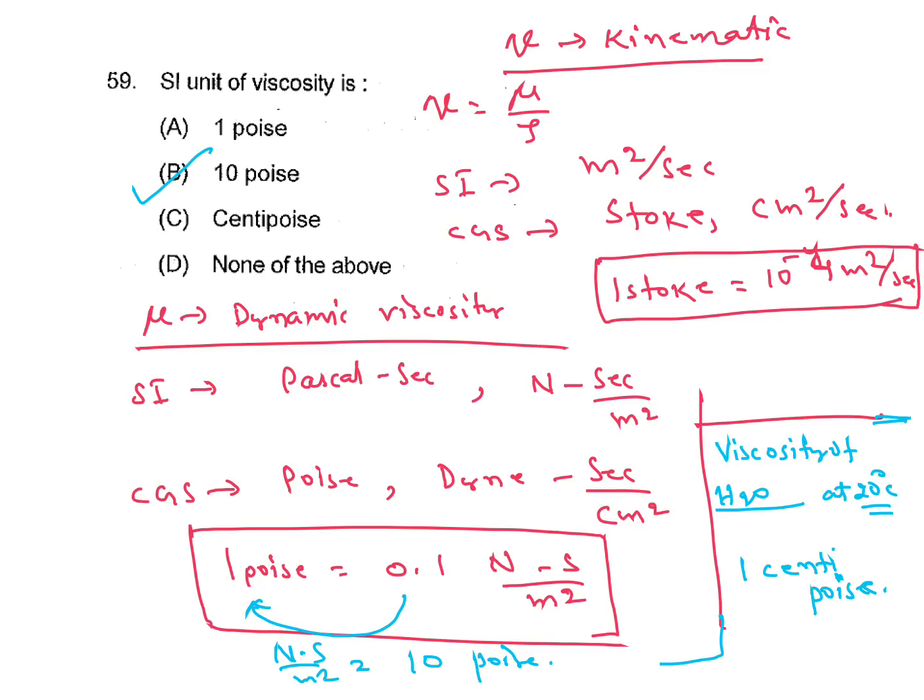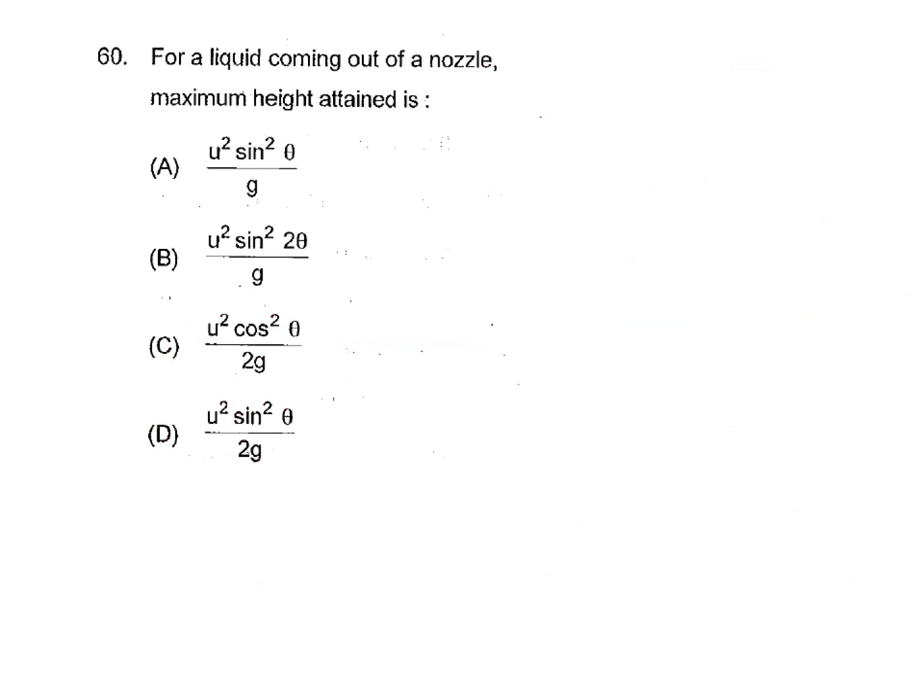For a liquid coming out of a nozzle, maximum height attained is? Projectile motion: initial velocity u, angle is theta, components u cos theta and u sin theta. At maximum height, only u cos theta horizontal velocity is present.